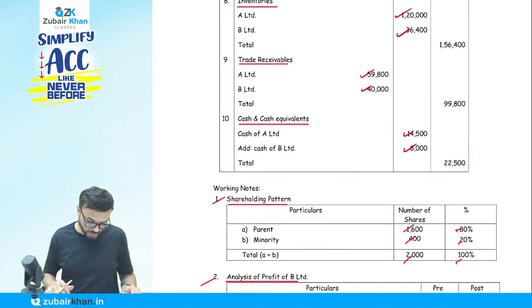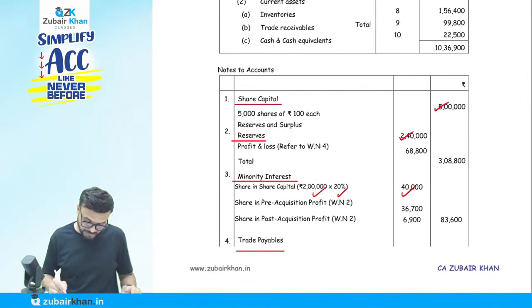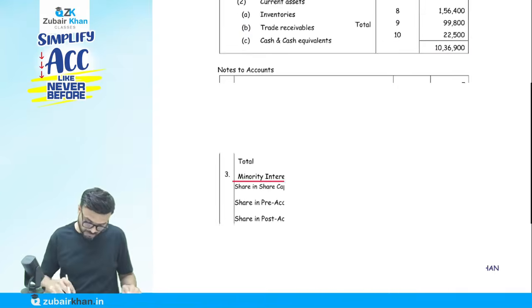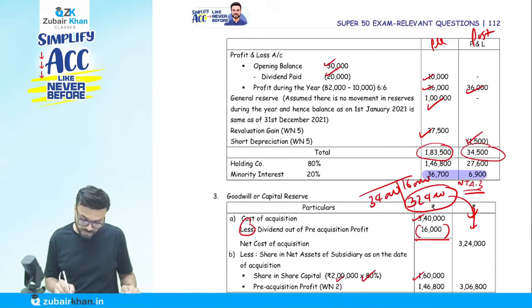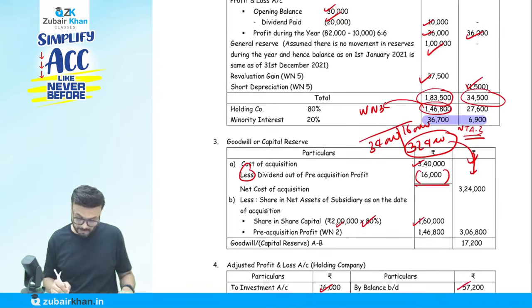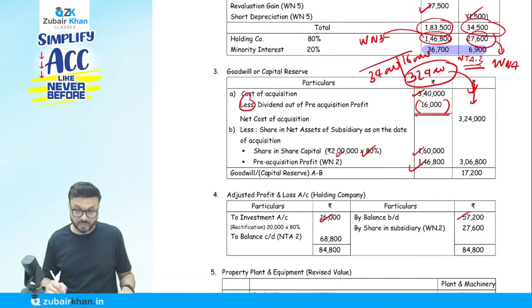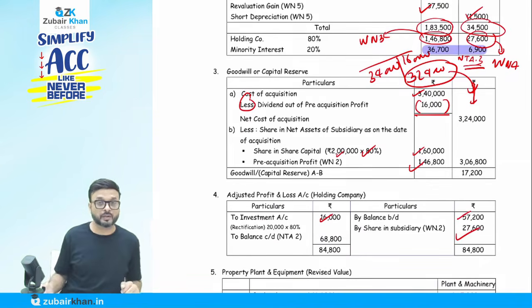Then the pre-acquisition part will come in working note number 3; deduct 146,800 from working note 3. The post-acquisition part goes to working note number 4: 27,600.